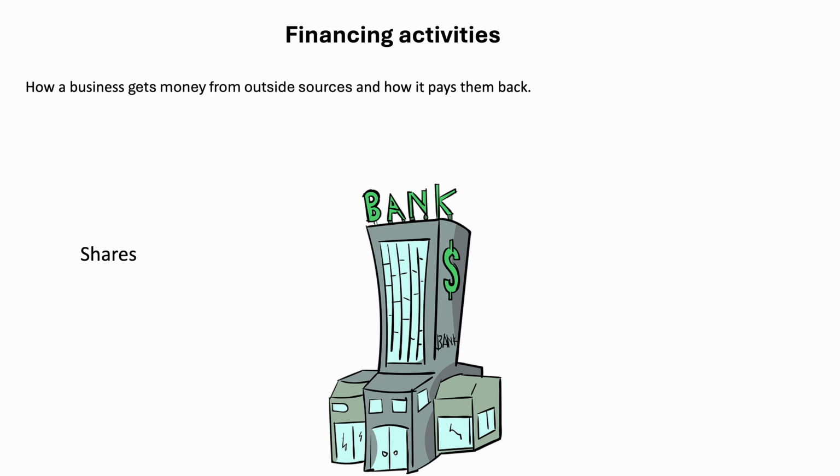There are two methods used to prepare a cash flow statement. These are the direct method and the indirect method. Method number 1 is the direct method. Here, we show the actual cash inflows and outflows.